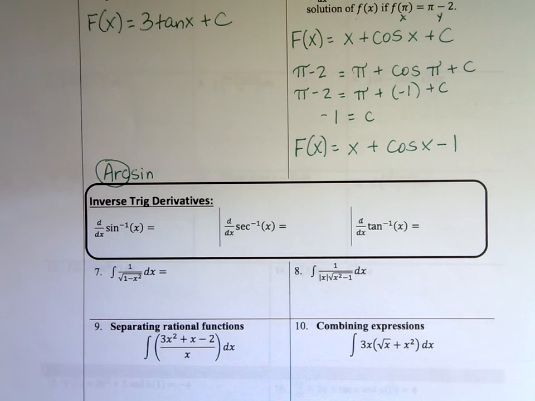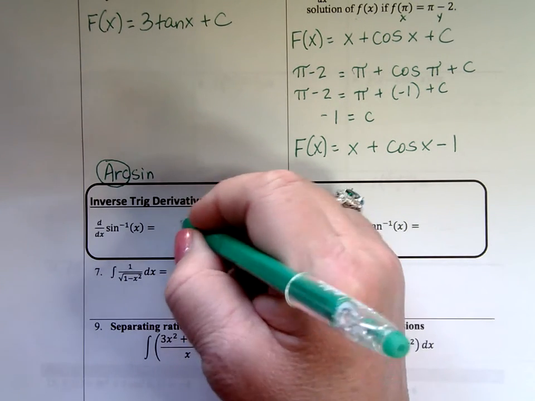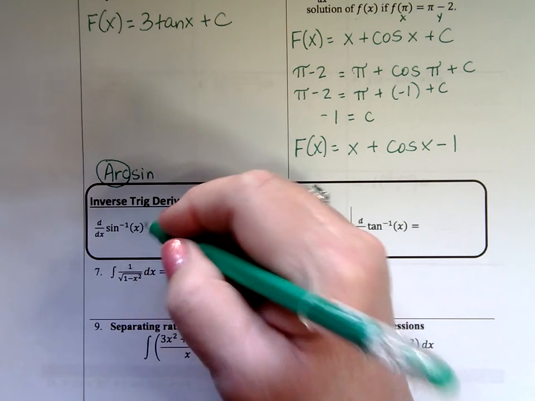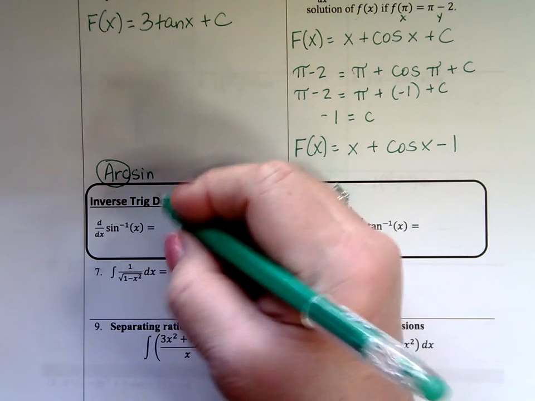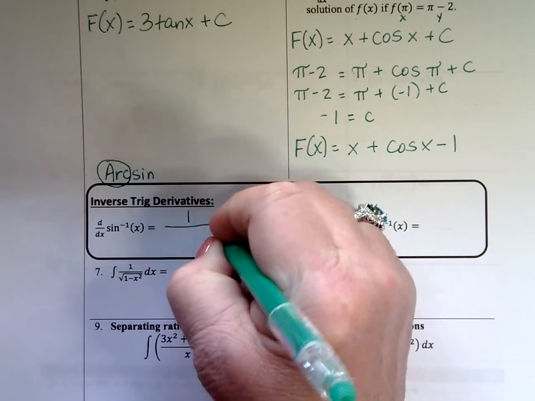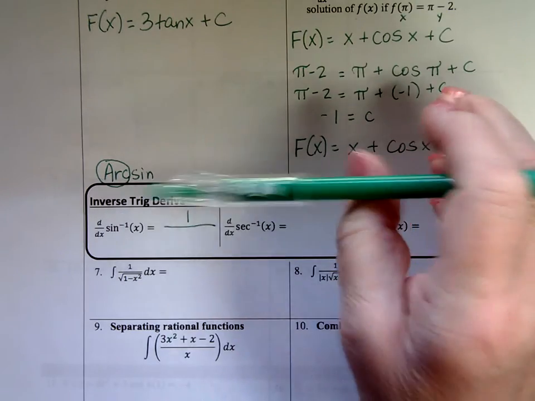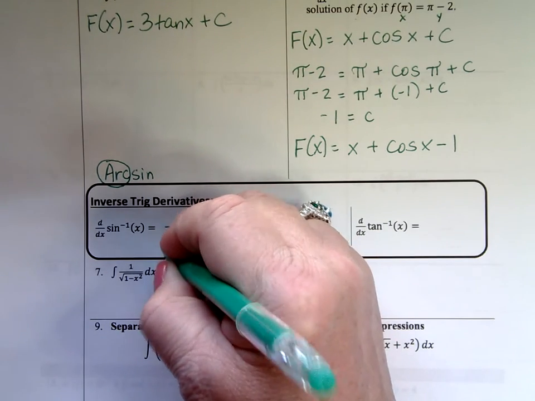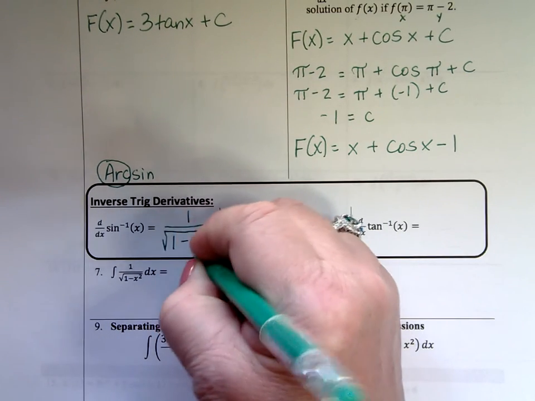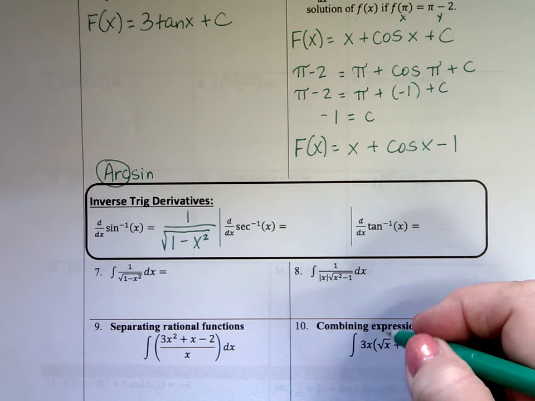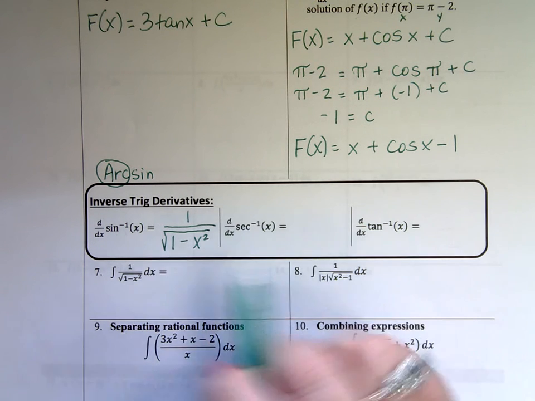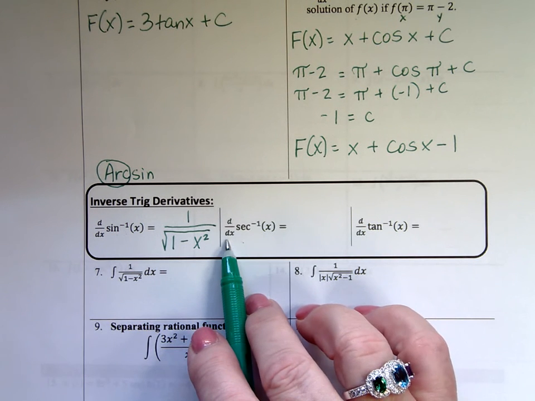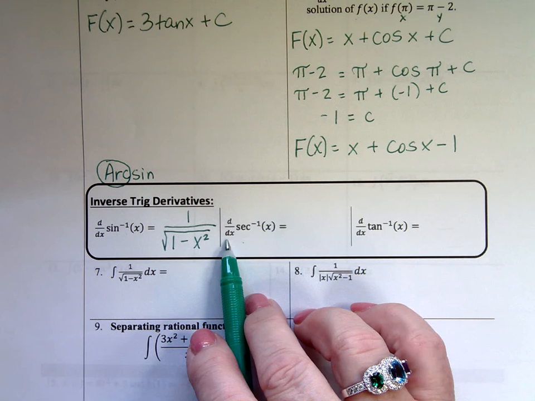So here's what the inverse sine derivative is. Now we're going derivativing. It would be 1 over, these are the ones that you had from previously, square root of 1 minus x squared. And notice these are derivatives rather than integrals that were on the last page.